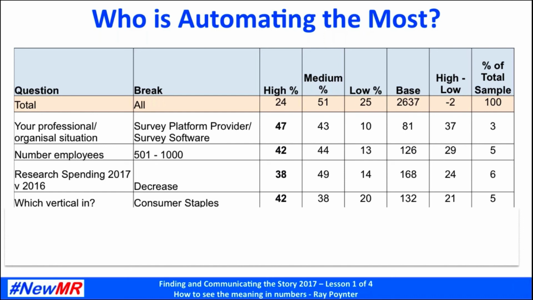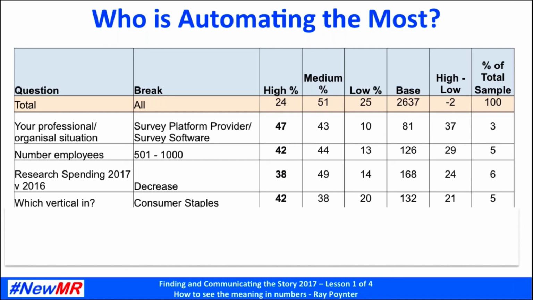Which vertical you're in. So this is only asked of research buyers. The consumer staples, the people who don't have big product differences, who have to work on these issues like brand attachment, emotional engagement, because that's all that's left, and who are incredibly fiercely competed in terms of margins, are the people looking for automation.